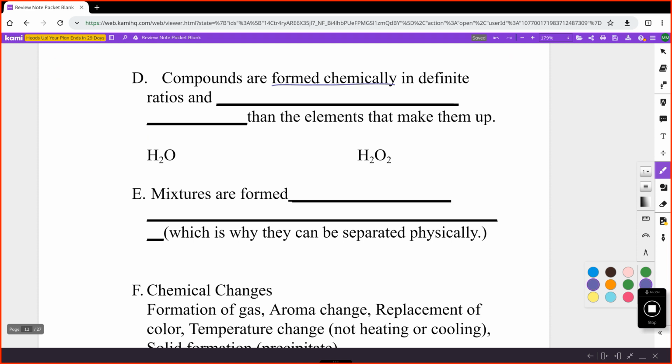And because they have definite ratios and they have definite chemical formulas, if we change the ratios, it's going to result in having different physical and chemical properties.